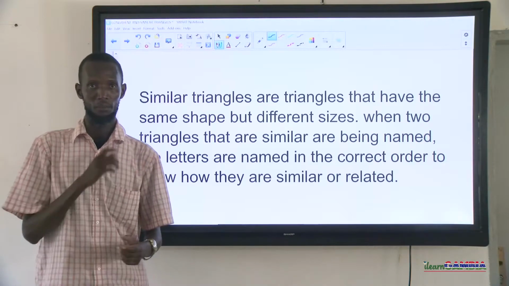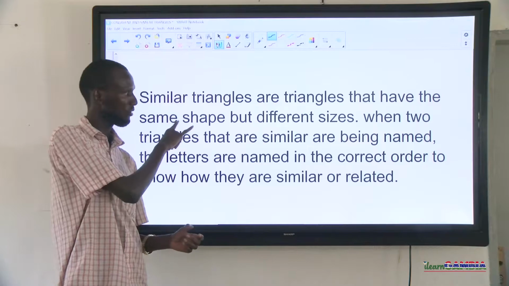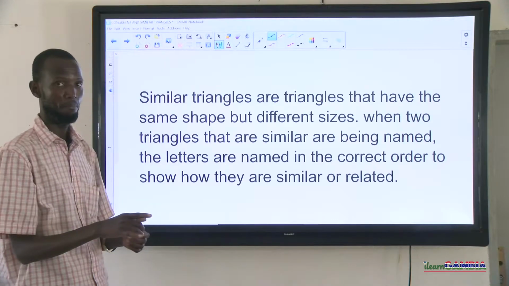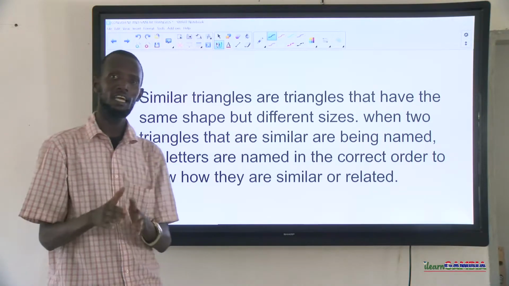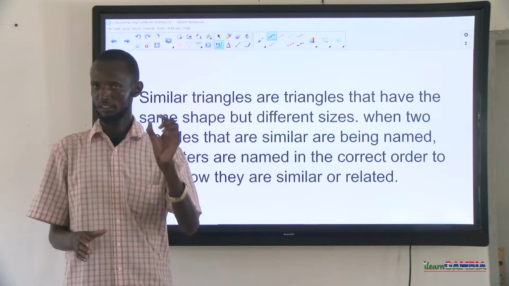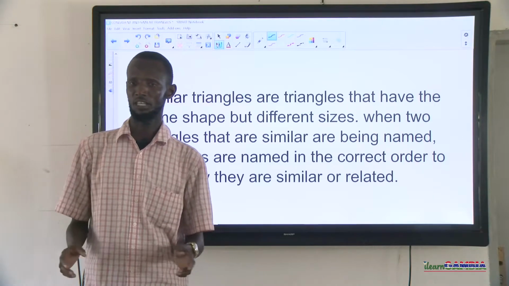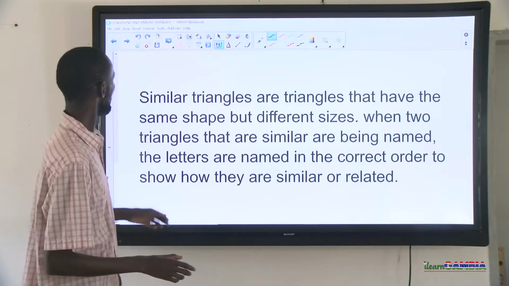But the main take home is that two triangles that have the same shape but different sizes are what we call similar triangles.